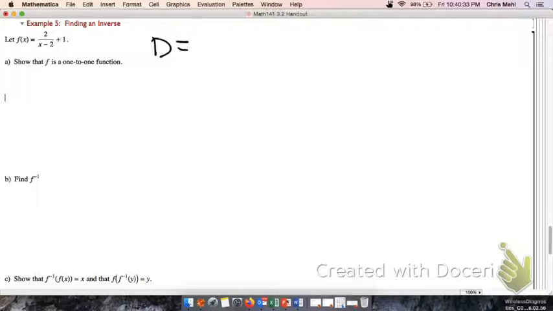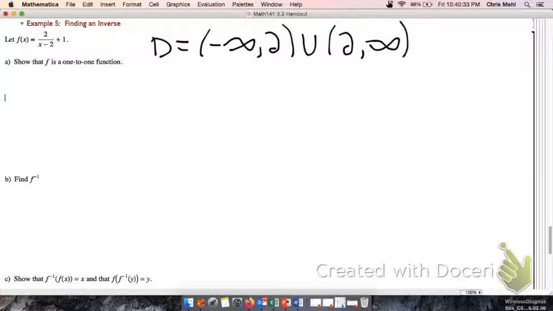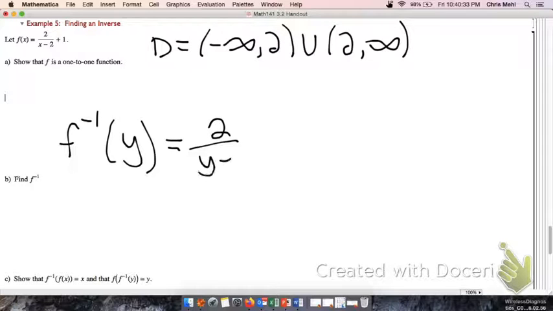Remember the domain of the original function was negative infinity to 2 union 2 to infinity. Now I just found the inverse function, f inverse of y, was equal to 2 over y minus 1 plus 2.